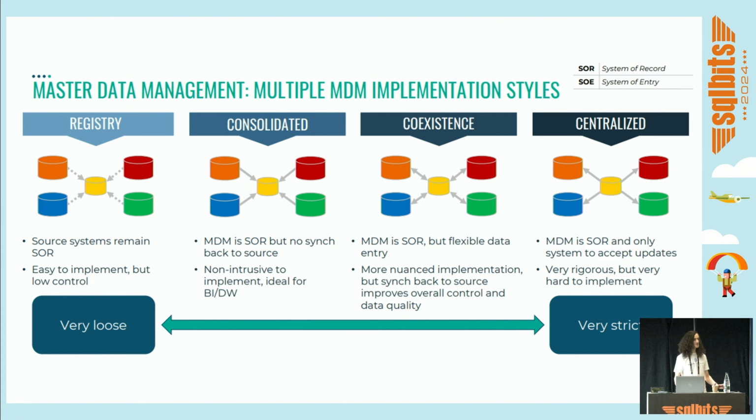I'm not going to go into too much detail here, don't worry. But here's a few different overview implementation styles of master data management. On the far left, we are linking together a few sources, but not really doing any further transformations on those linked records. As we move further along, we're creating that linked view of the entity, but then maybe doing some further transformation.